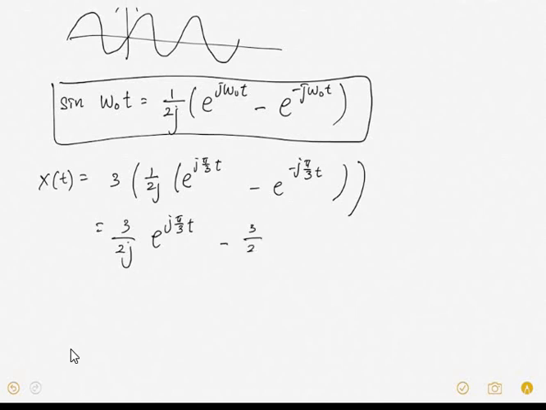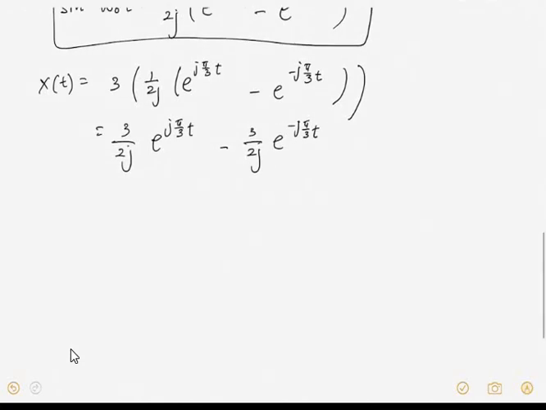You need to remember that when you bring the 1 over j up, it is equal to minus j. When I simplify, I will have this kind of answer.